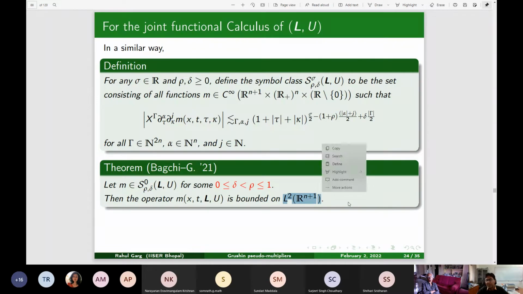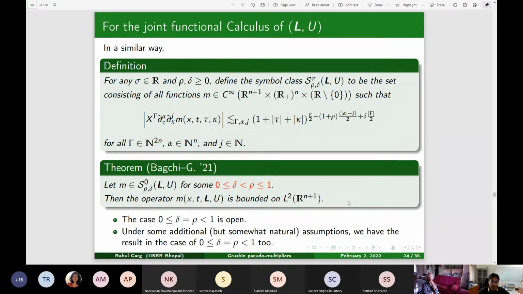So these two results have the same proof actually. There is essentially no difference in the proof working for Grushin or for the joint functional calculus. So the question would be, why are we going for joint functional calculus? It has an independent interest, but at the same time we have some reason to work on it. This case was open, but under some additional conditions on the last variable, we could actually cover what was missing in the Grushin case.